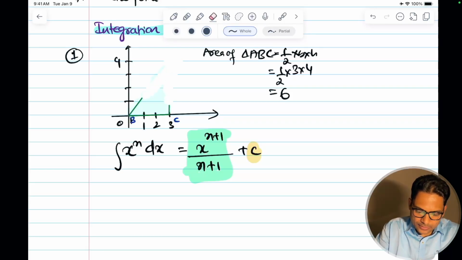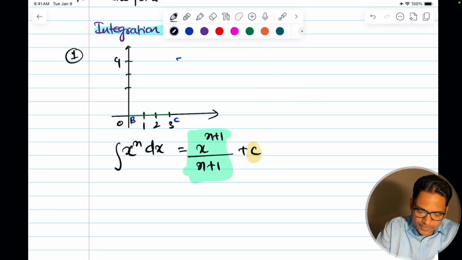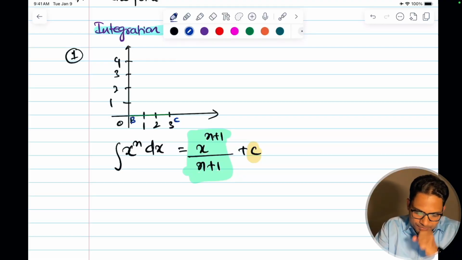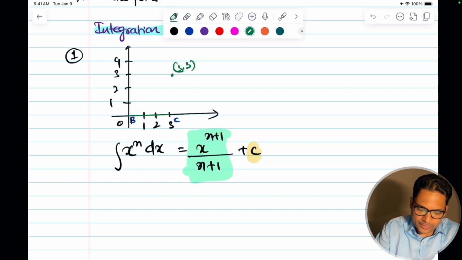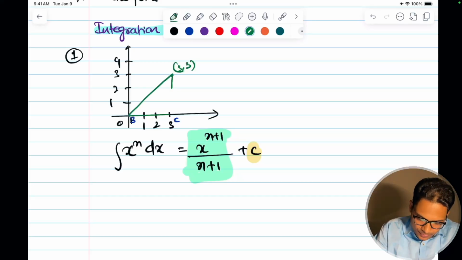So let's change this a bit to make it simpler. So this is your 1, 2, 3. I'm just making it simple so the concept remains the same. Let it be on this point 3 comma 3.